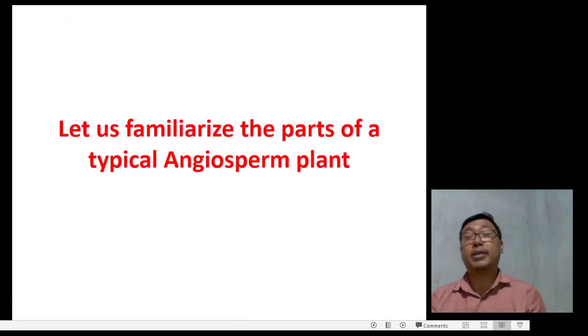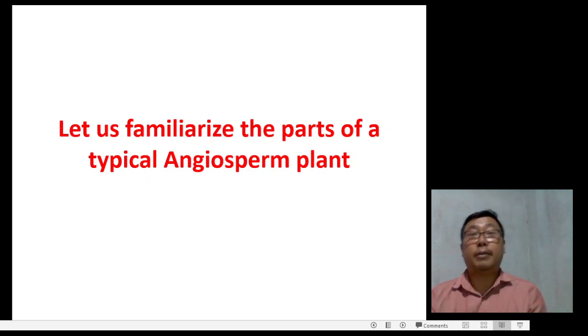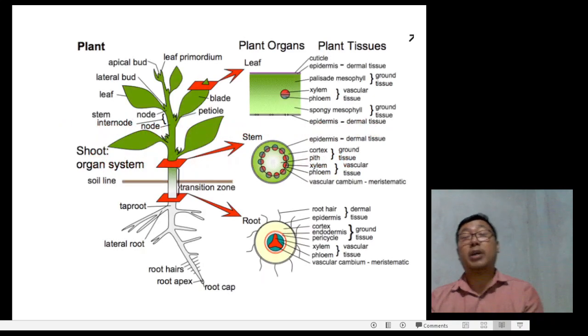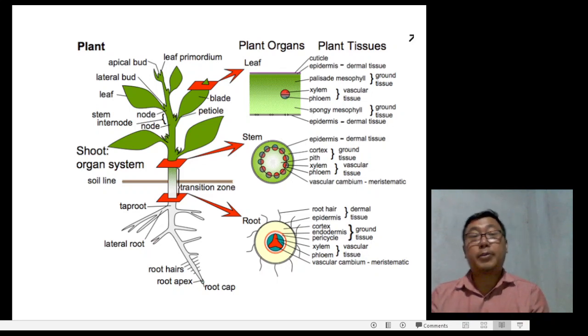Let us familiarize the parts of a typical angiospermic plant. Angiospermic are those plants which flower, they are under phanerogams. Plants which are seen above the ground are known as the shoot.